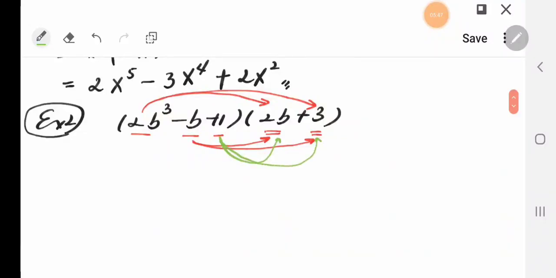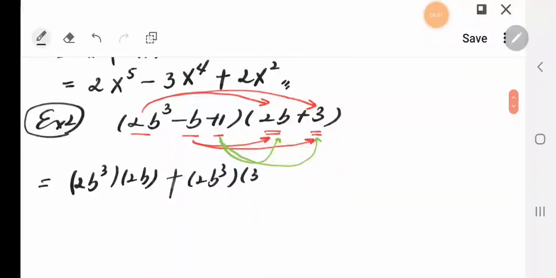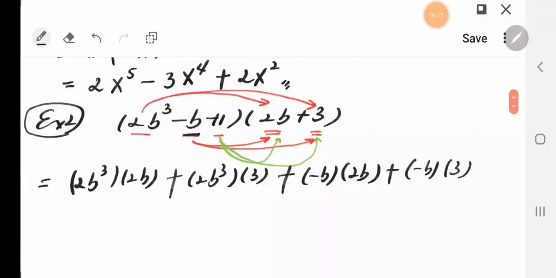So let's write this expression: 2b cubed is multiplied by 2b, plus 2b cubed is multiplied by 3, then plus negative b is multiplied by 2b, plus negative b is multiplied by 3. Okay, for the last one, let's multiply.